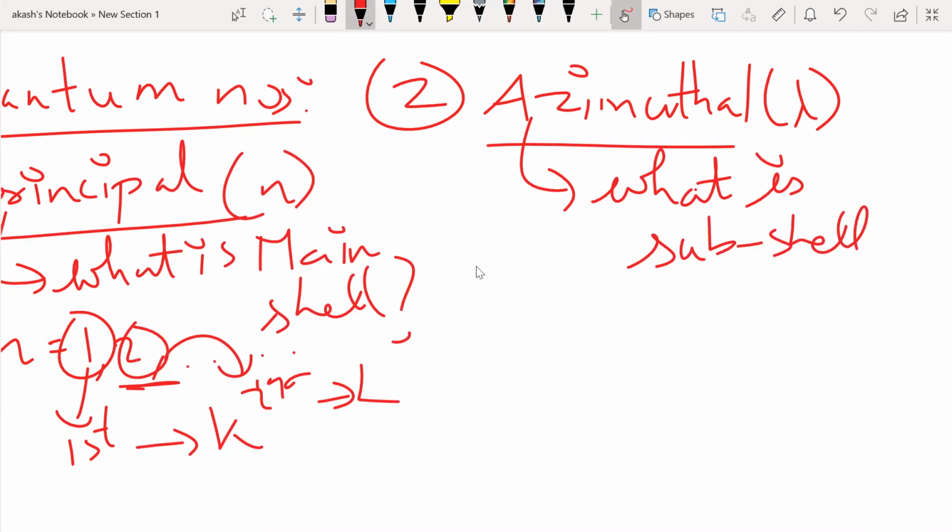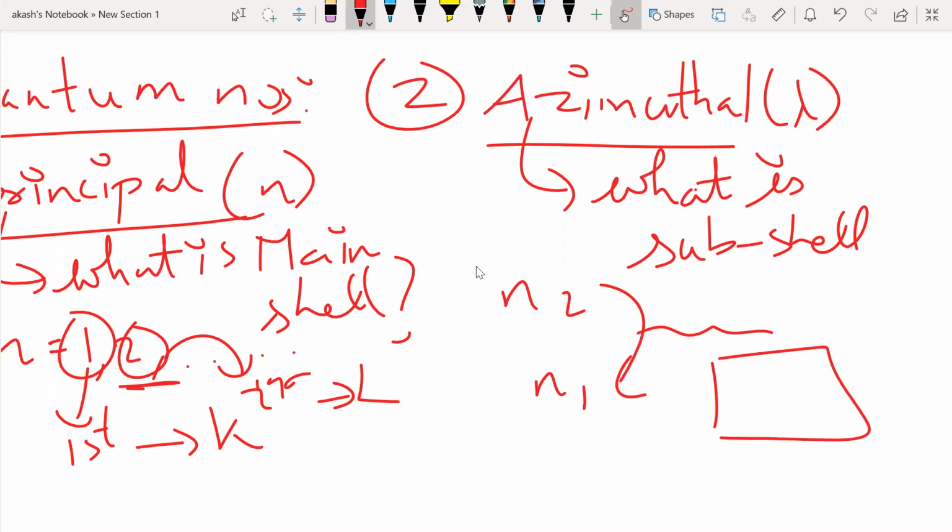Out of nowhere, how did the subshells come about? This was one of the problems with Bohr's theory. When Bohr gave the spectrum, he used a spectrometer that was not very sophisticated. When scientists later used a high efficiency spectrometer, say for an electron going from n1 to n2, energy is released, and you would expect a single line in the spectrum.